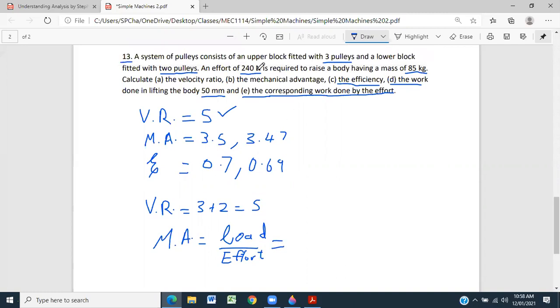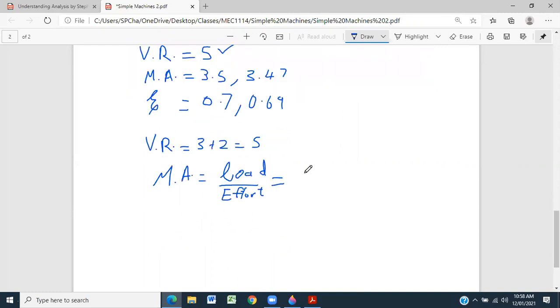They gave us the effort as 240 newtons, and they gave us the load as 85 kgs. And of course, we're going to need to multiply that 85 kgs by 9.81, right? So 85 times 9.81 divided by the effort, which is given to us as 240 newtons.